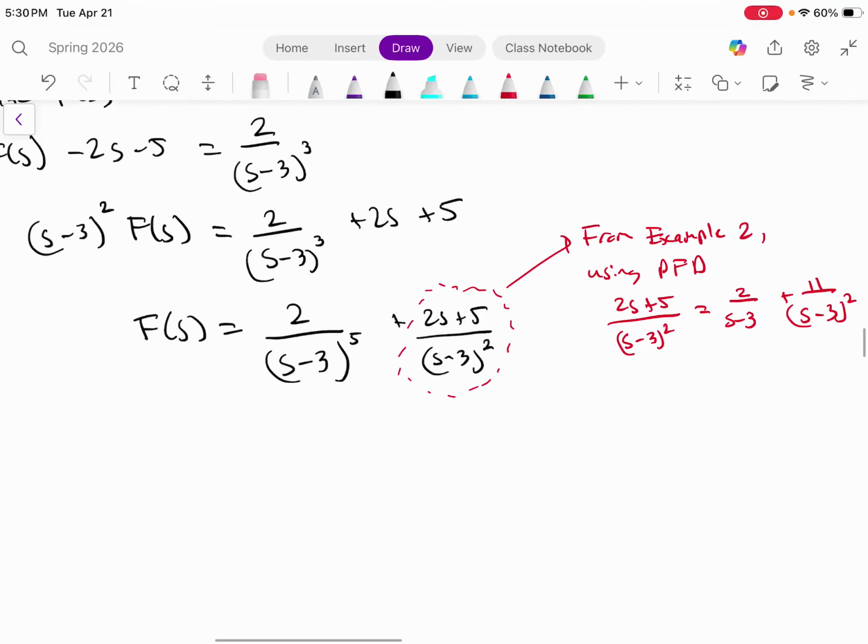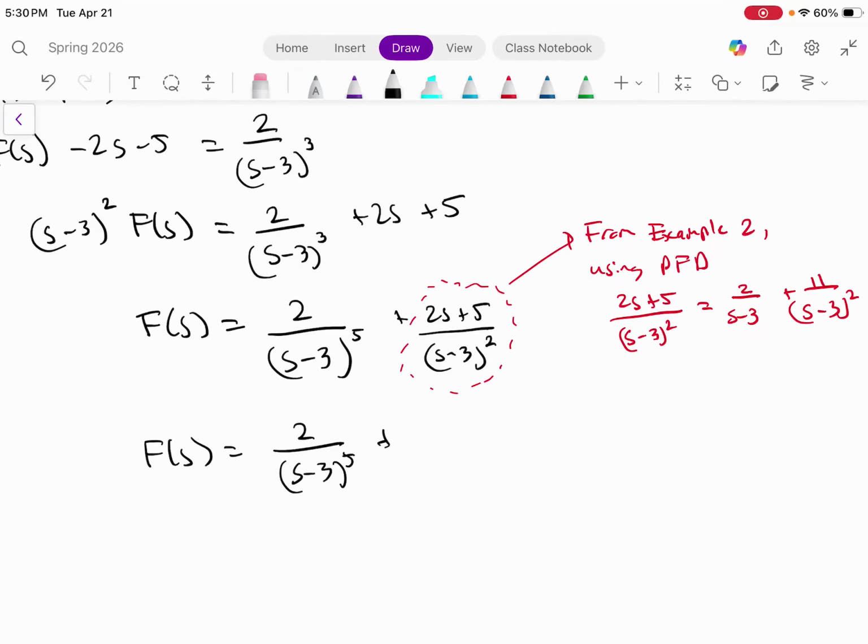So using previous work from this lesson, this turns into 2 over s minus 3 to the fifth plus 2 over s minus 3 plus 11 over s minus 3 squared.